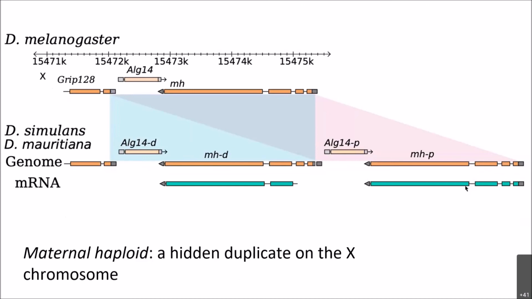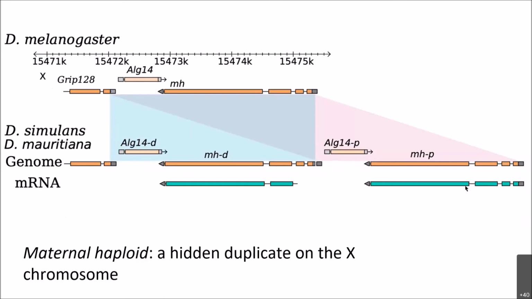So here we go. I'm looking at this region in the Drosophila melanogaster X chromosome, which has this gene called maternal haploid. I apologize, I'm going to have to open up my slide notes because there are some things I don't want to say wrong.